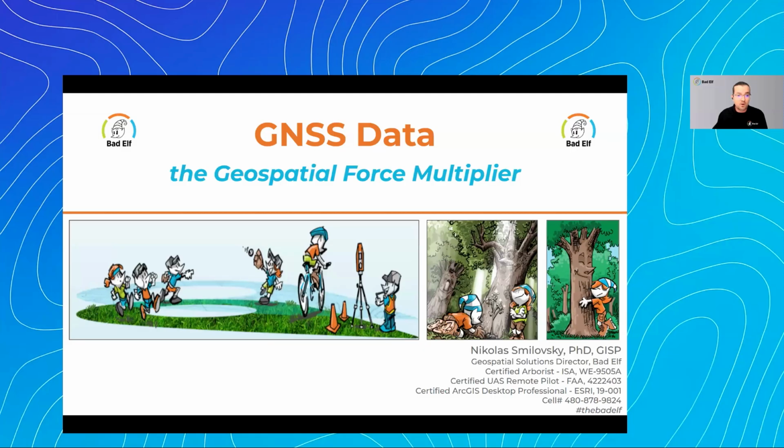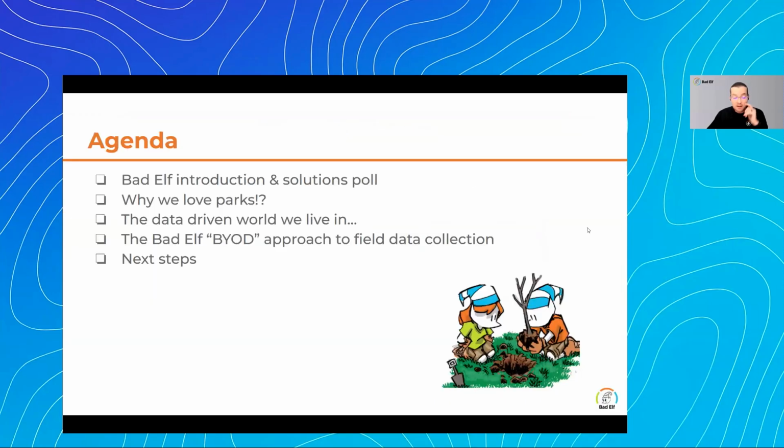We're going to be talking about how these new types of field data are what I call a geospatial force multiplier. Quick introduction to who Bad Elf is, then a quick solutions poll. I'll continue with some quick facts following Jenna on why we love parks, to get you hyped on why GIS, GPS and these geospatial technologies can transform your organizations.